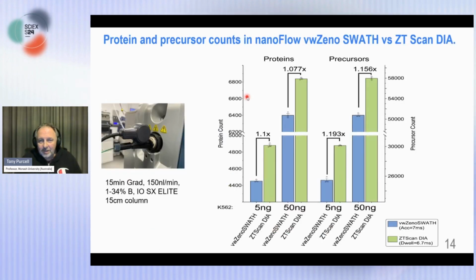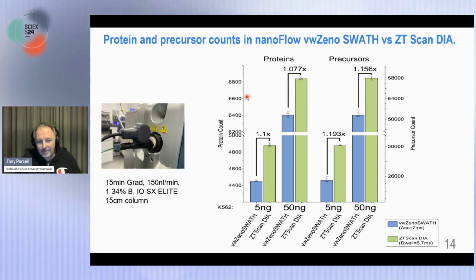We've also looked at the performance of ZT-scan using nanoflow. We haven't got so much data for this at the moment. This is the setup we're using. Again, a 15-minute gradient, 150 nanoliters per minute. We're using a 9 optics SX Elite column, which is a 15 centimeter column, 75 micron.